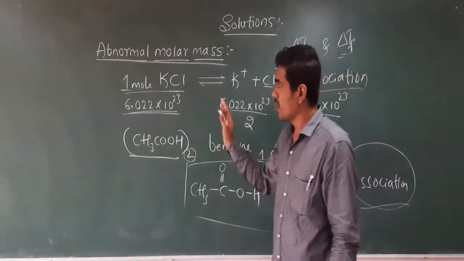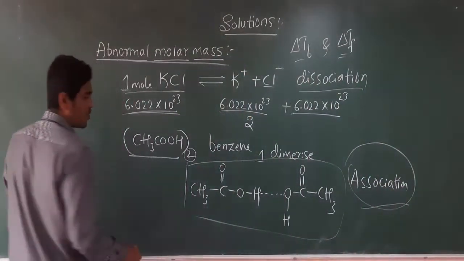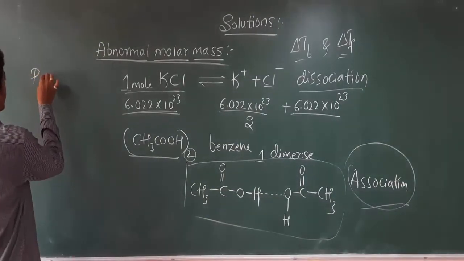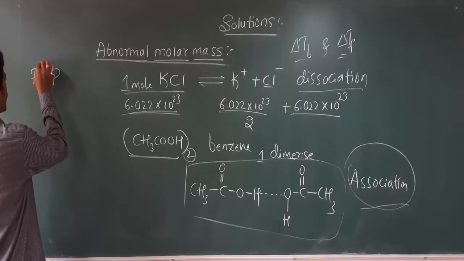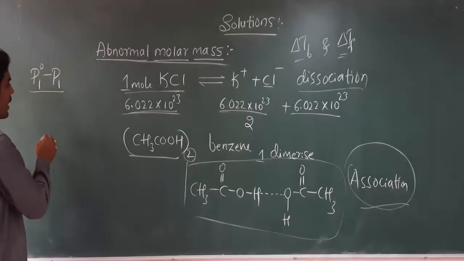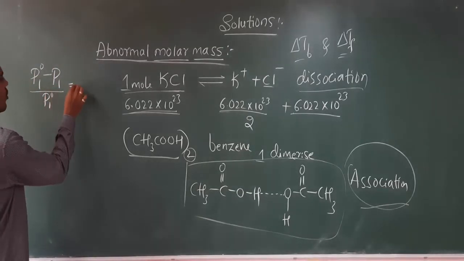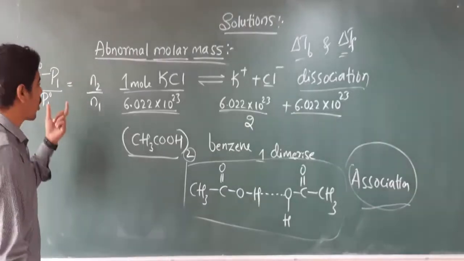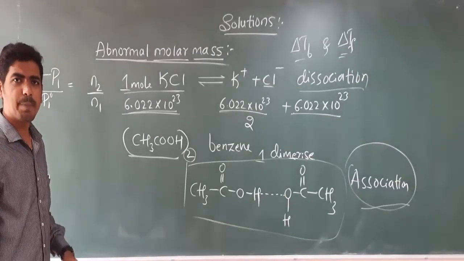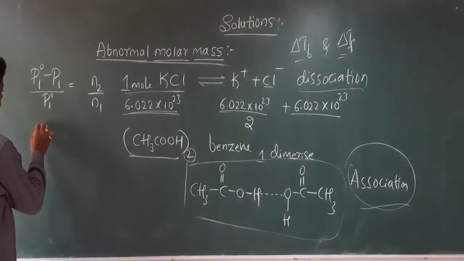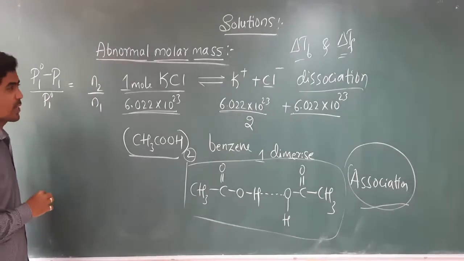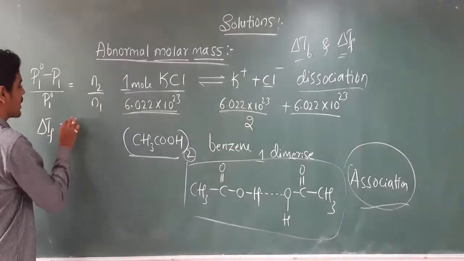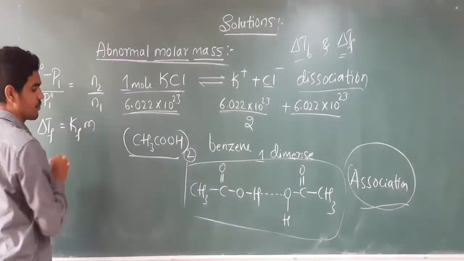And the formulas that we have derived: for relative lowering of vapor pressure, how do we calculate that? P1 naught minus P1 divided by P1 naught is equal to N2 divided by N1. This is the formula for relative lowering of vapor pressure. Another formula, for depression of freezing point, is delta TF is equal to Kf into m.